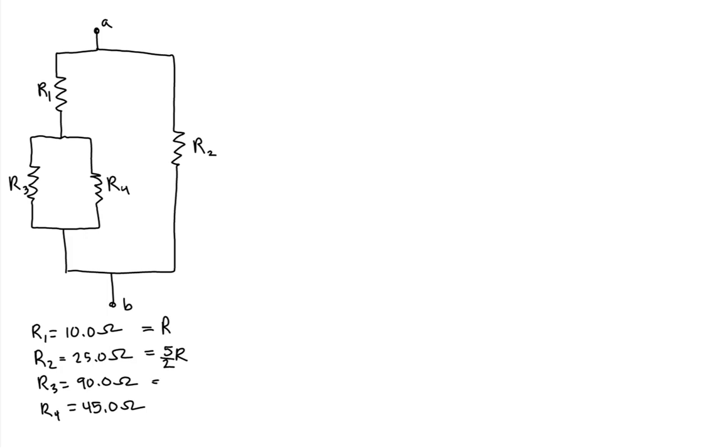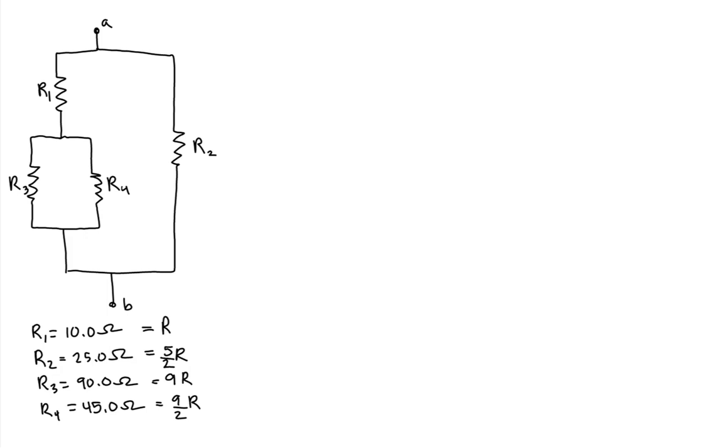R3 is 9 times the value of resistor R1, and R4 is 9/2 times the resistance of R1. So now when we use these resistors in our equivalent resistor, we'll be able to simplify our algebra a bit.